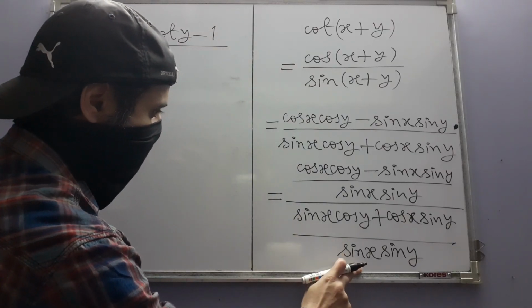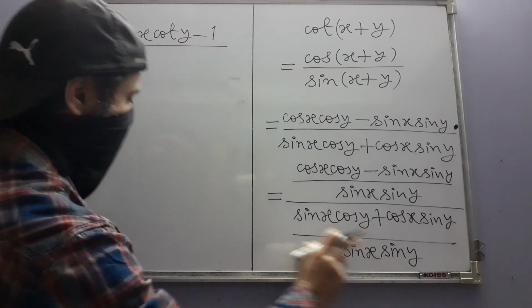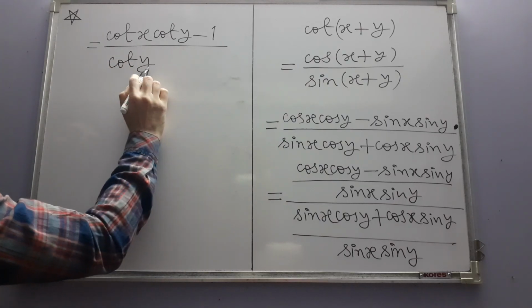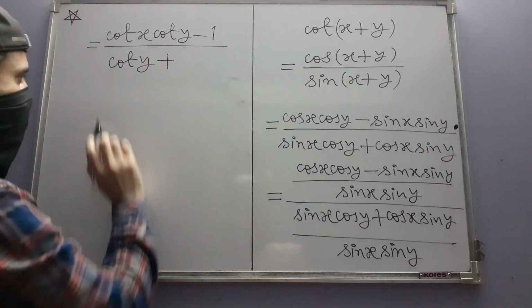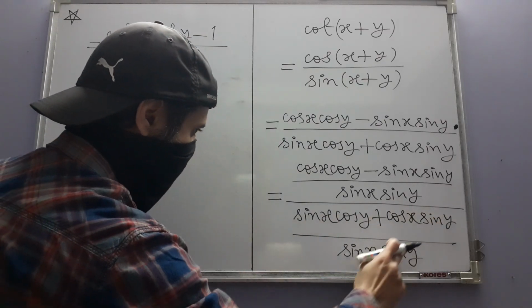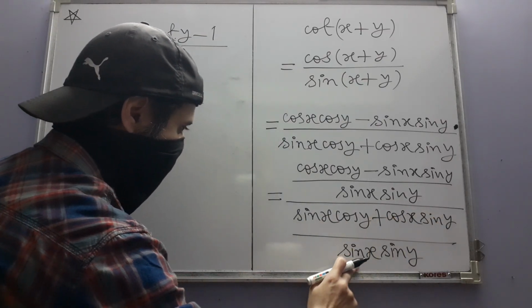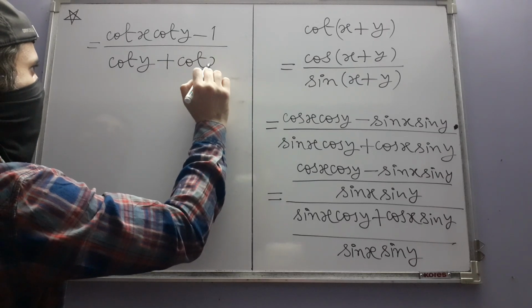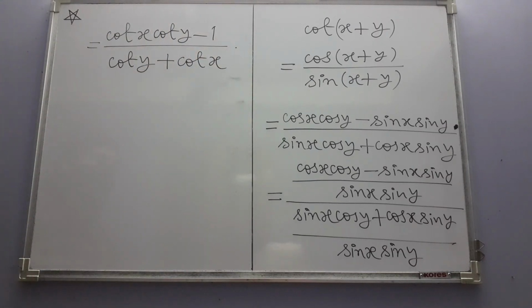Sin x cancels out. Cos y divided by sin y is cot y. See, the y term comes first. Plus, here sin y cancels out and we have cos x divided by sin x, so cot x. So that's how we have our cot x plus y formula.